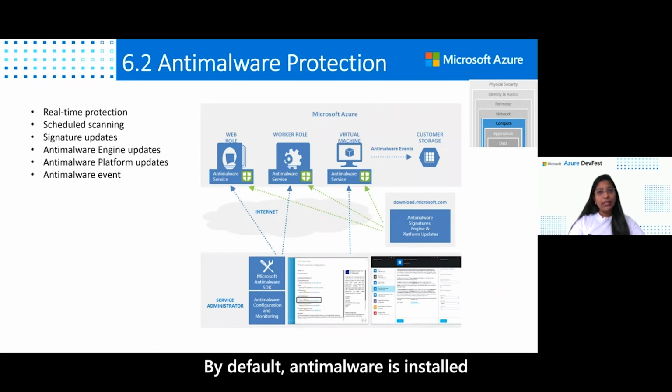By default, anti-malware is installed on all the guest operating systems, whereas for virtual machines, it's left as an optional feature for the organization to install with default or custom configuration.